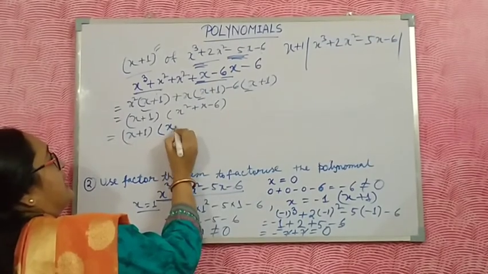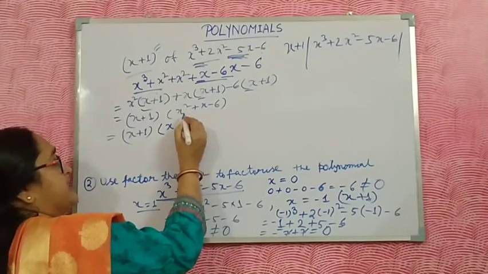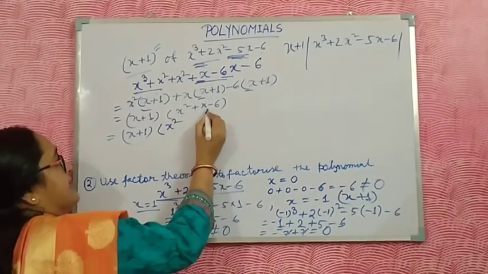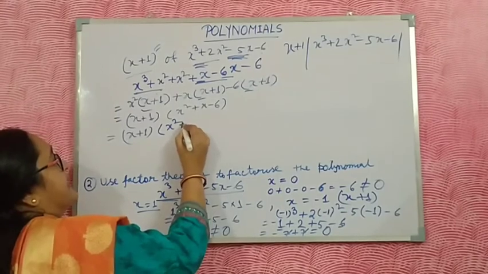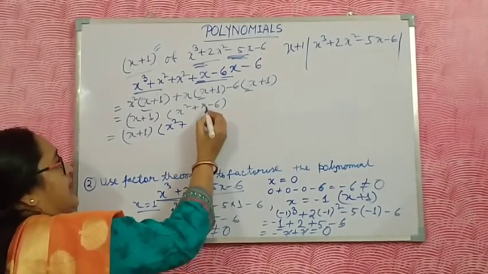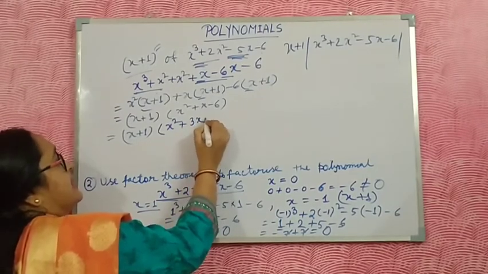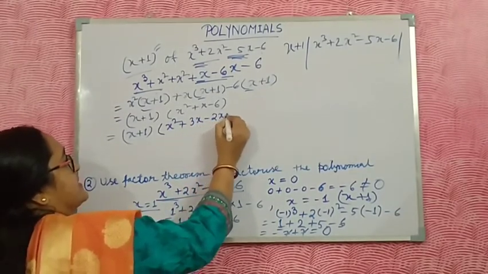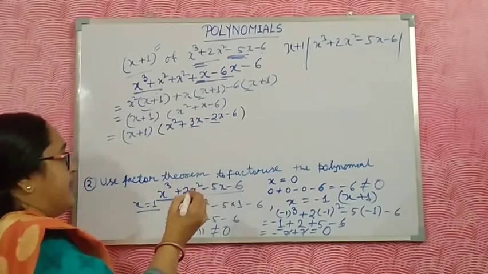Now I factorize x square plus x minus 6 by the middle term break. Here is 6, 6 means 3 times 2, that is here 3x minus 2x minus 6. Here 3x minus 2x is x.